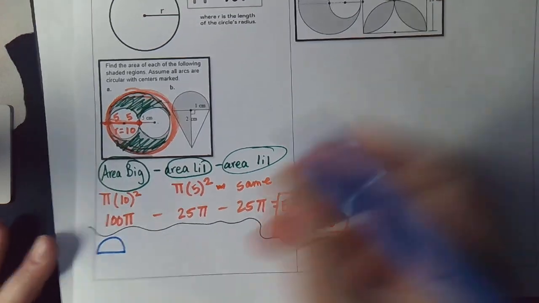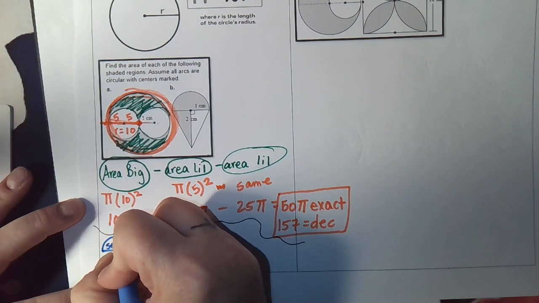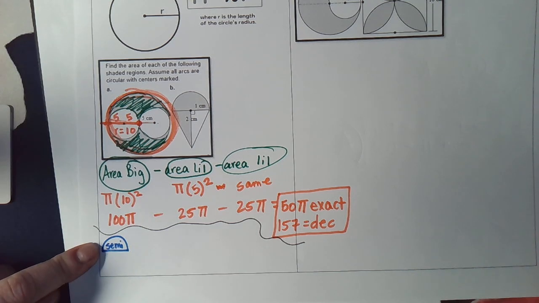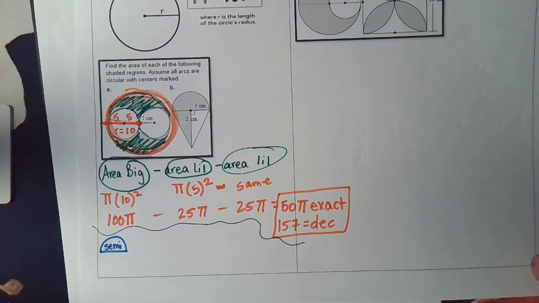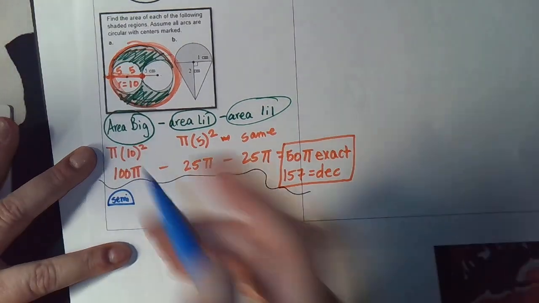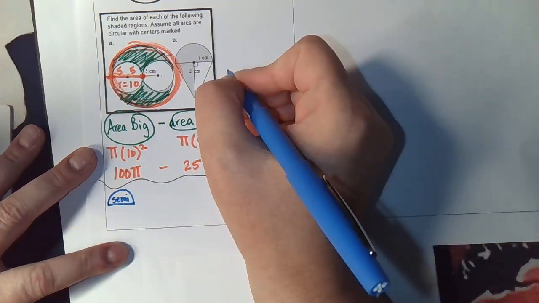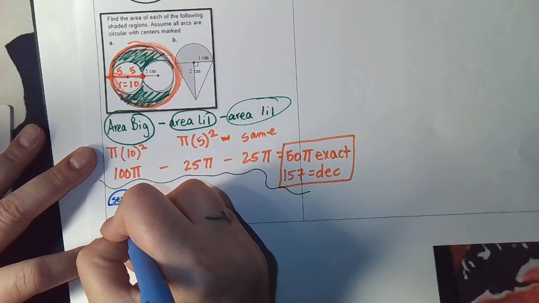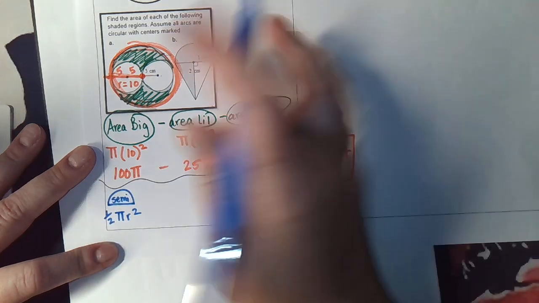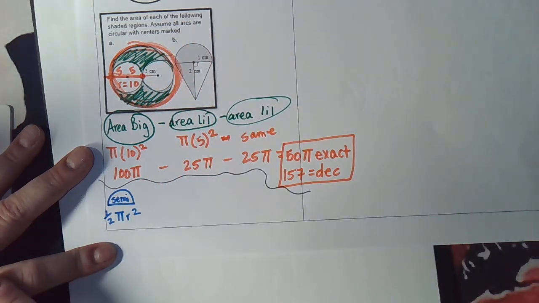So let's talk about the semicircle first. The area of the semicircle is going to be the area of a regular circle, pi r squared, but half of it, because it's half the circle.